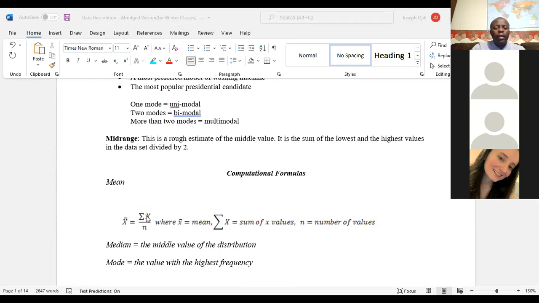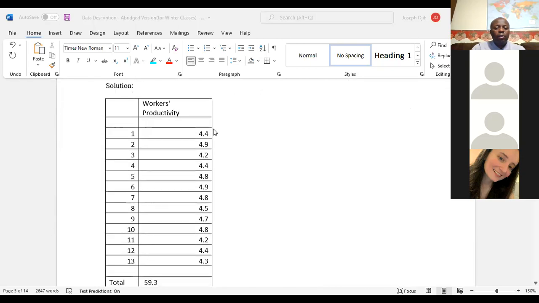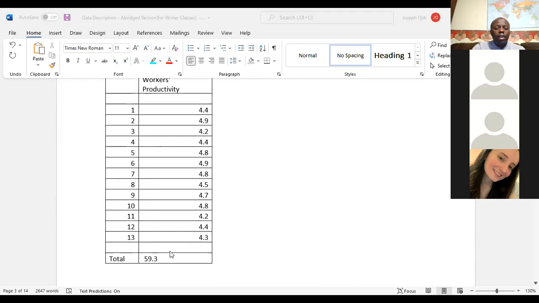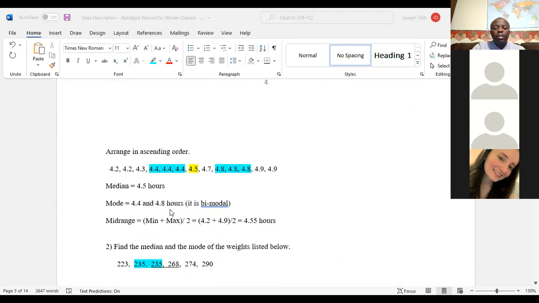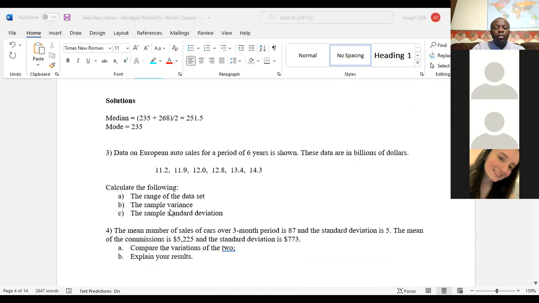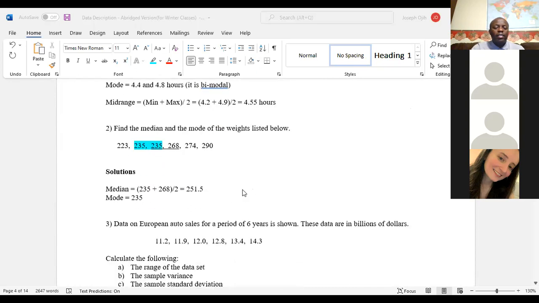So you add all the numbers and divide by the number of items. Like here, we added all the numbers and we get 59.3. How many of them? 13 of them. So the mean is 59.3 divided by 13. Okay, thank you. You're welcome. So now let us look at the variance and standard deviation.